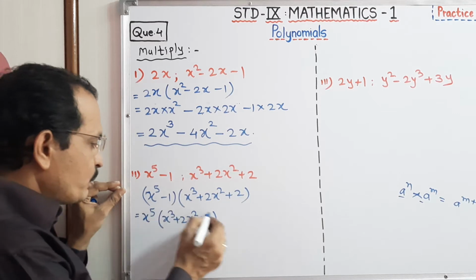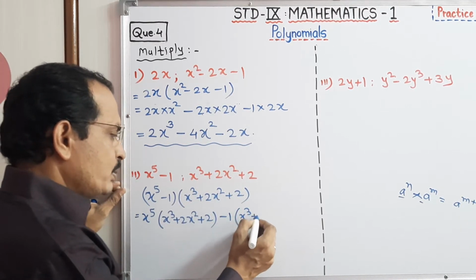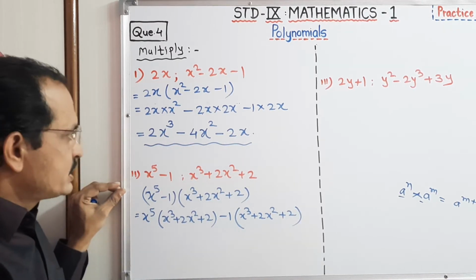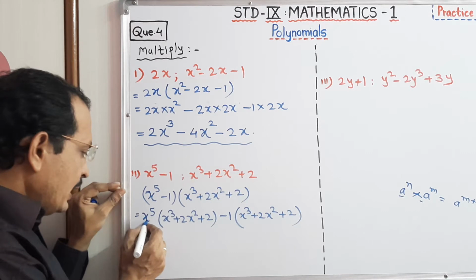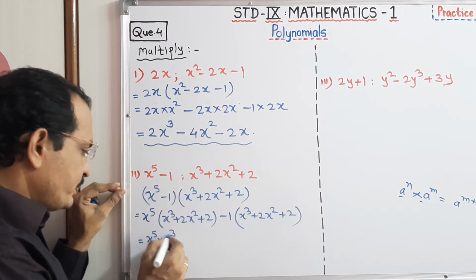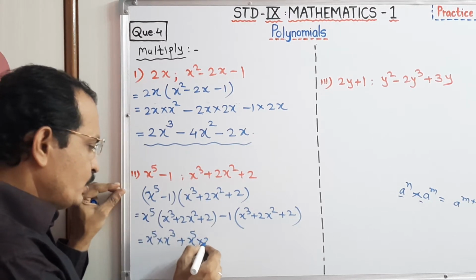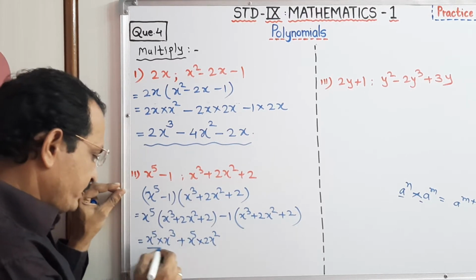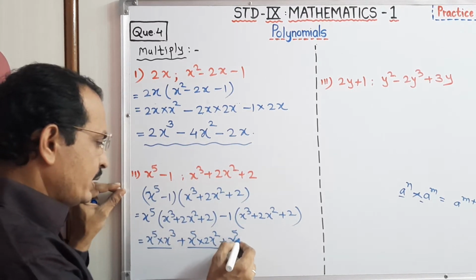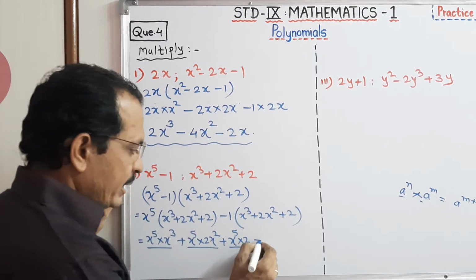Same way we have to multiply this minus 1 with this bracket x cube plus 2x square plus 2. Now see here, x raised to 5 into x cube plus x raised to 5 into 2x square, then plus x raised to 5 into 2, minus.